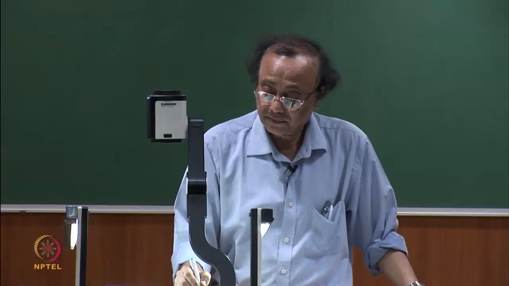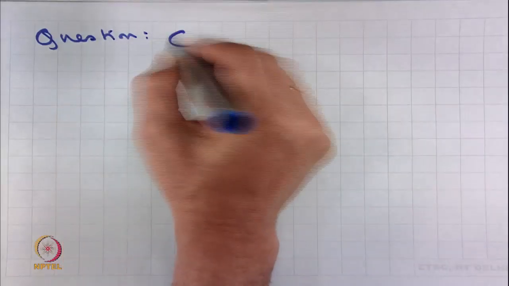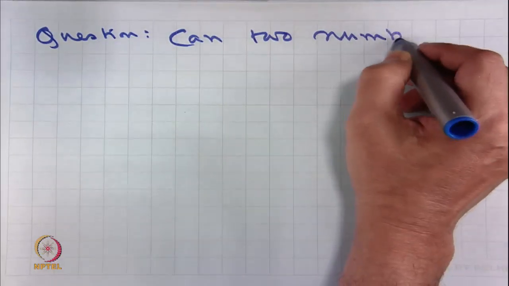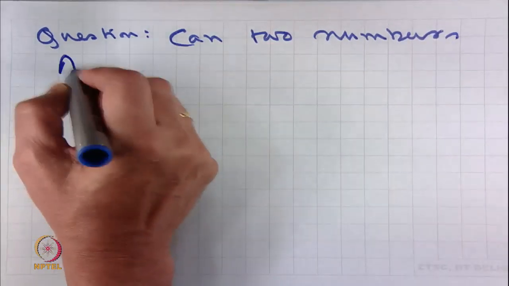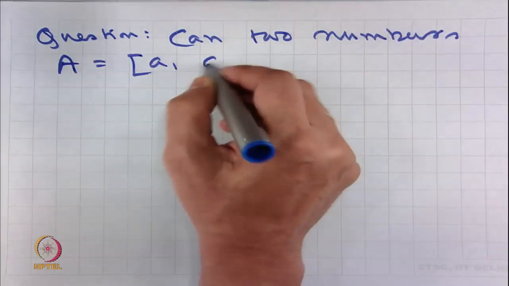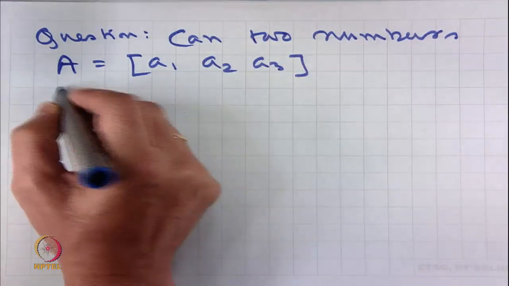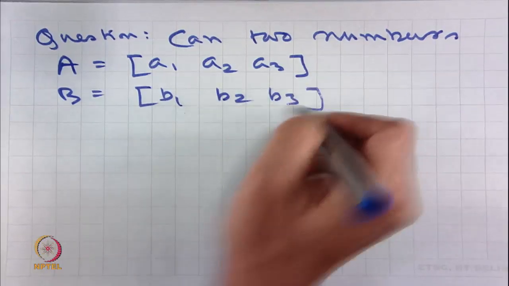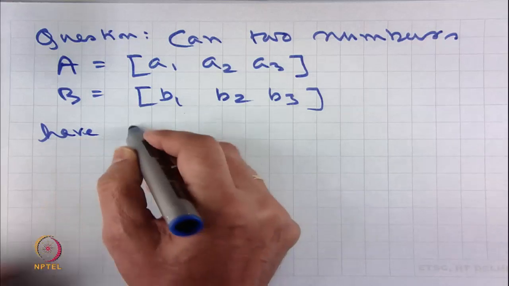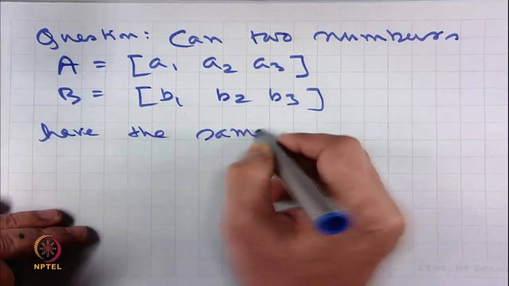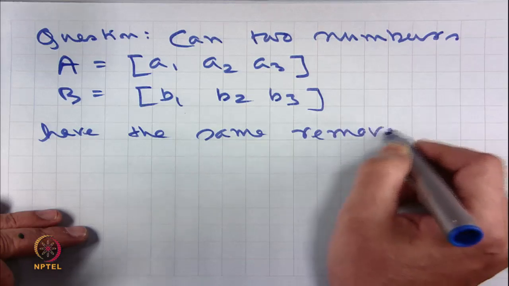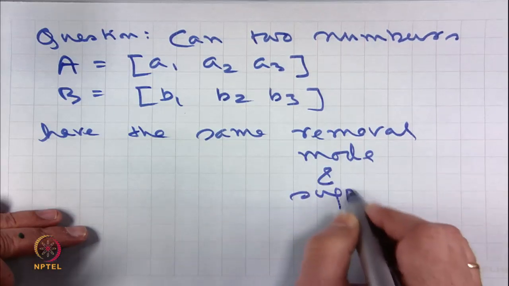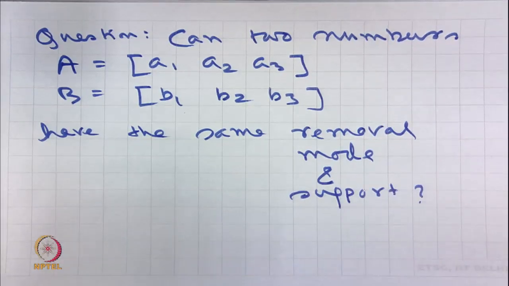The question is, can two numbers A = (A1, A2, A3) and B = (B1, B2, B3) have the same removal, mode and support? The answer is no.